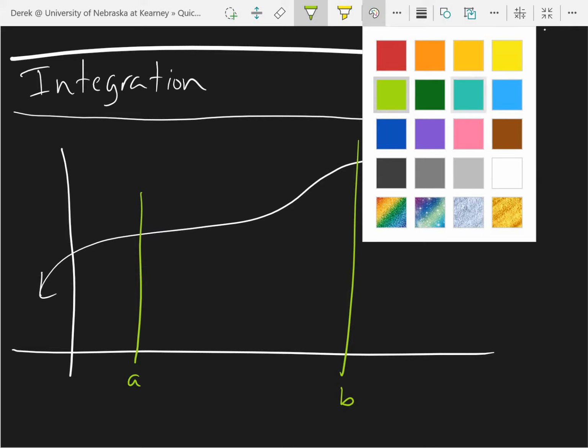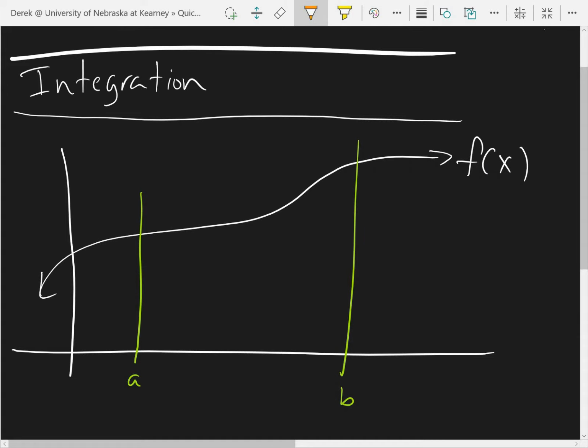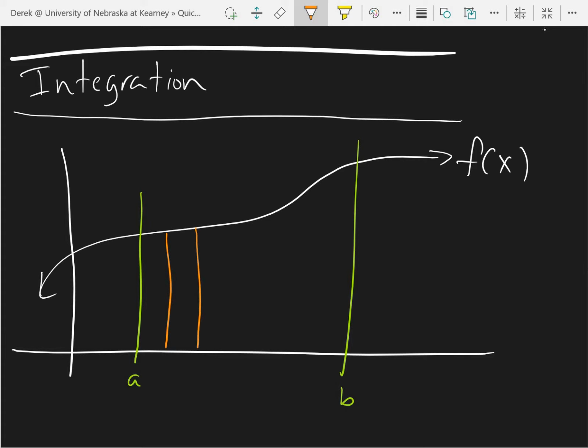So what we do is we typically partition this up into equal-sized rectangles, and we estimate the area under the curve for each of these widths and take that average, and as we get more and more rectangles the integral gets closer and closer to the actual area under the curve.